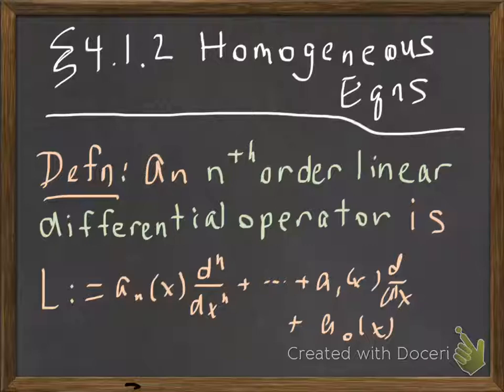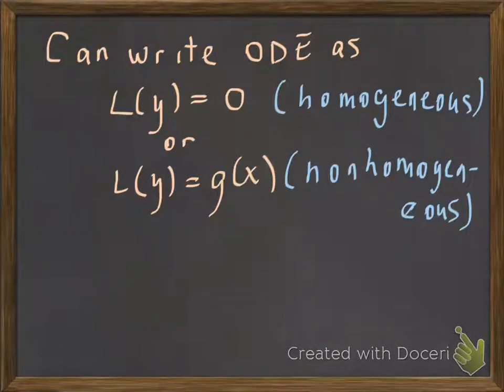Writing a differential operator in this way allows us to make the following two definitions. Namely, we can write an ordinary differential equation as a linear nth order operator evaluated at a function y equals 0, and that kind of differential equation we would call homogeneous.